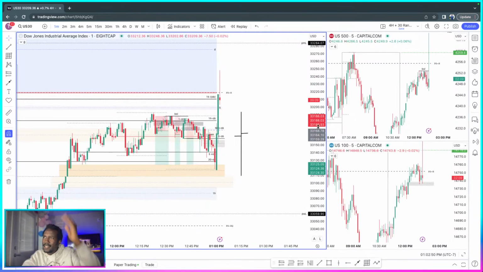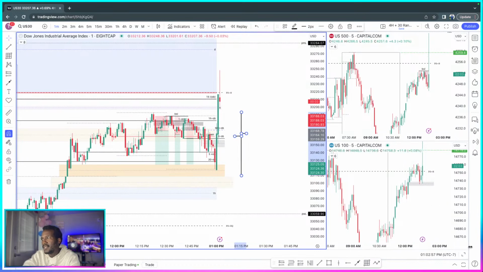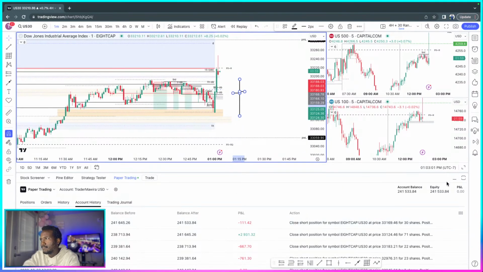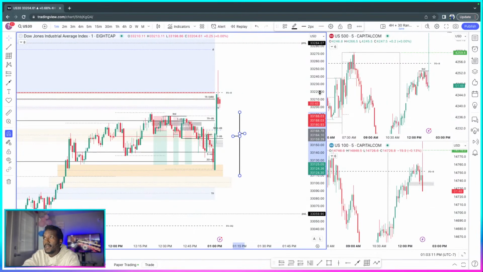The force that price is going to, and then it doesn't take you out at the slippage. That's the word I was looking for. Because of slippage, it has cost us 111. So our equity is now up to 241, down from 239. So it's a win. That was good.